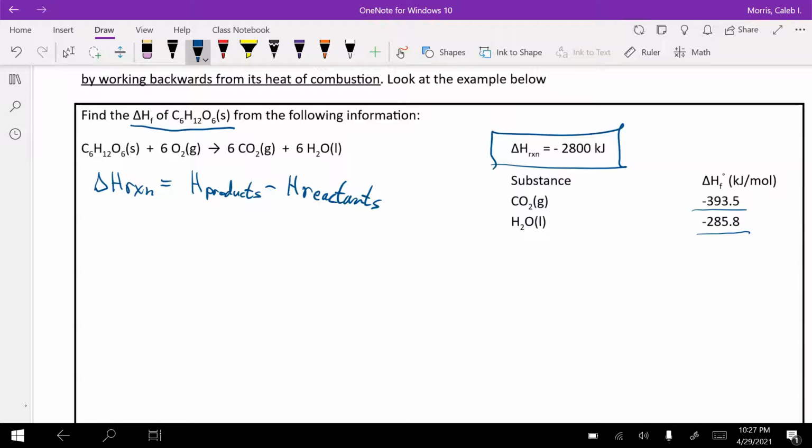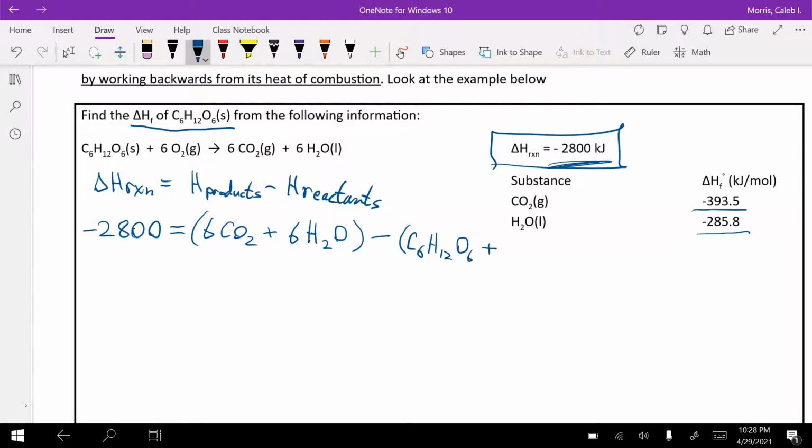Well, in this case, I already know delta H of reaction, so I'm going to plug that in. Negative 2,800 kilojoules equals, and then our products are 6 carbon dioxide and 6 water, minus, and it's going to be just C6H12O6 and 6O2.